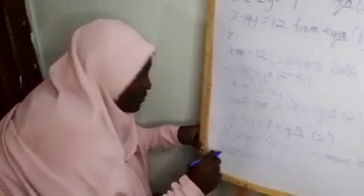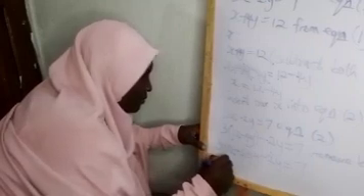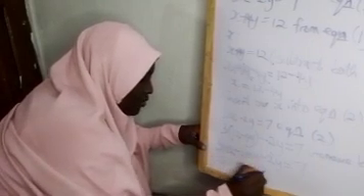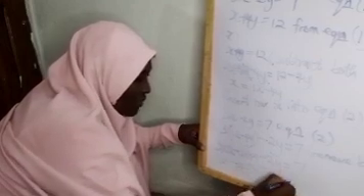What is 3 times 12? 36, minus 3 times 4y, 12y, minus 2y equals 7. So we have 3x minus 12y minus 2y equals 7. So we continue from that place.